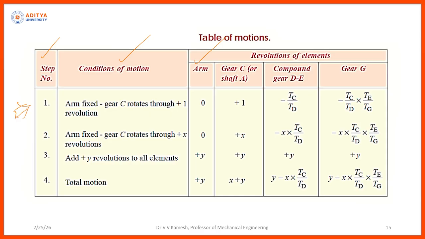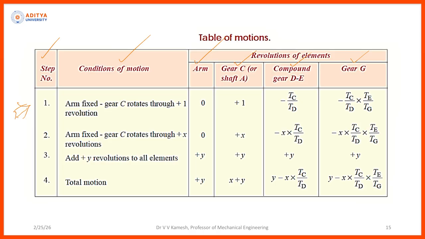Compound gear DE, that's it. Sometimes you may write DE side by side without writing any hyphen in between, right? The name is DE only. So arm, gear C is a unique one, compound gear DE, next gear G. Here we don't write anything related to whether it is epicyclic or sun gear or planet gear, nothing. Just simply the names C, DE, G, that's it.